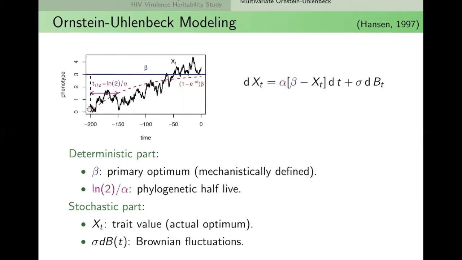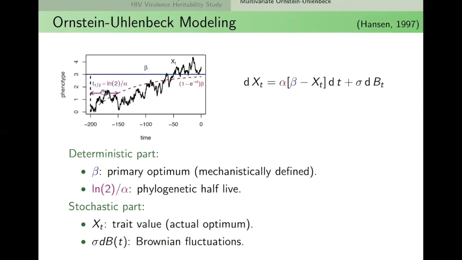Your process is going to fluctuate according to a Brownian motion, but its mean is going to go to this optimal value beta, with a speed that is controlled by alpha, the recall parameter or the selection strength parameter. So the bigger the alpha, the faster you go to your optimum. And you go there with some kind of exponential decay in expectation here.